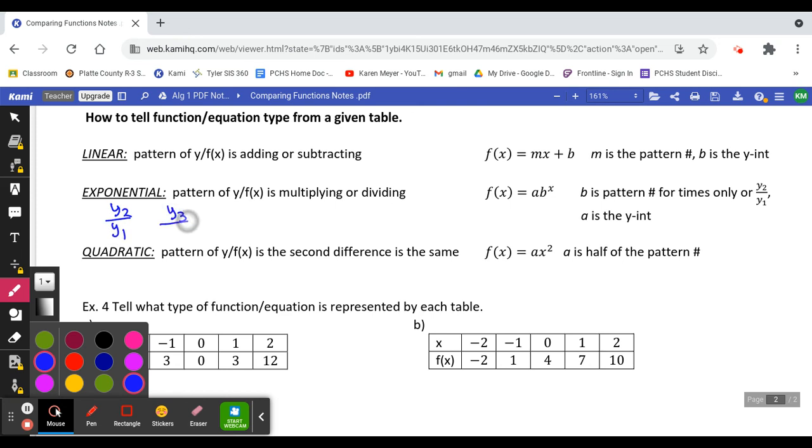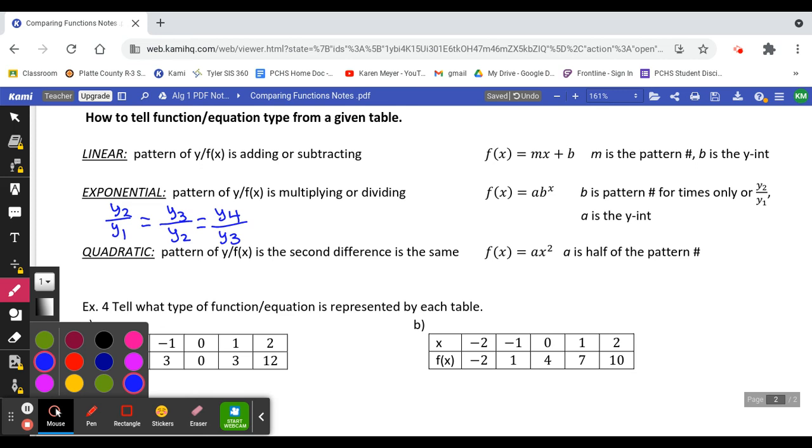Take the third y, divide it by the second y. Fourth y divided by the third y, or however many numbers are on the table. But it's always the one past it divided by the one in front of it. And if they all reduce down to the exact same thing, then that makes it exponential.